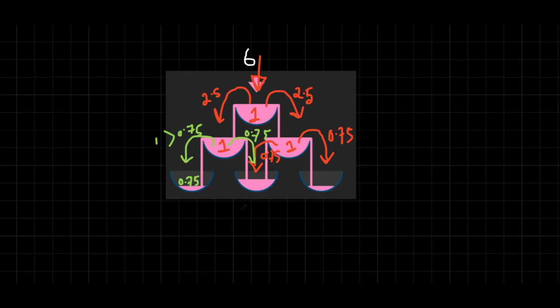Similarly, this glass will contain 0.75 unit of champagne from the left glass and 0.75 unit of champagne from the right glass. So in total, it will contain 1.5 units of champagne. Similarly, this glass will contain 0.75 unit of champagne.